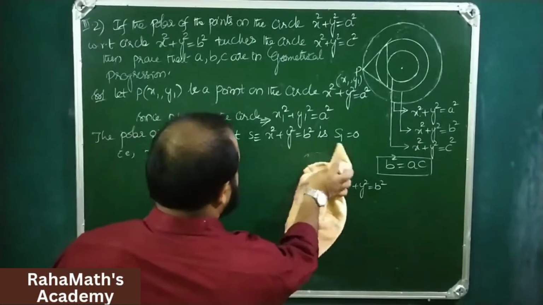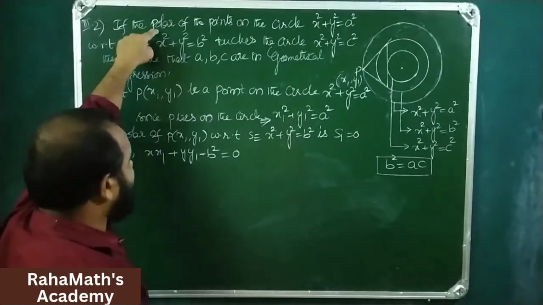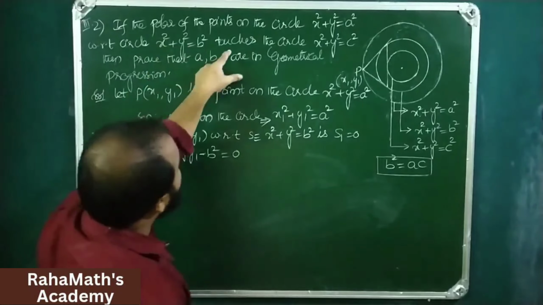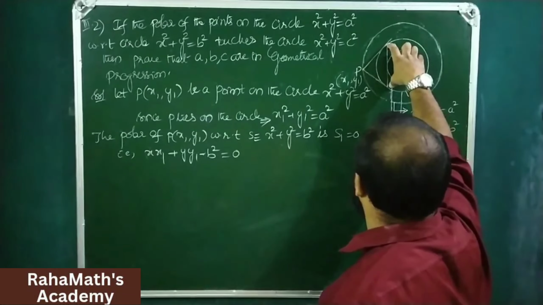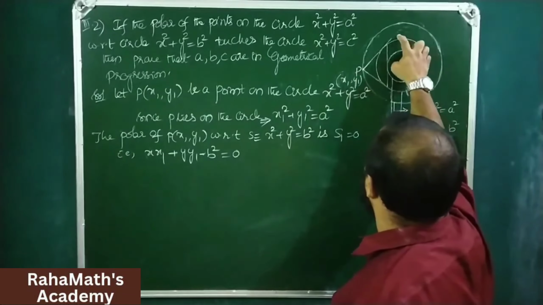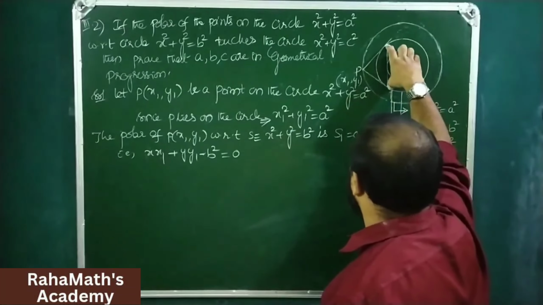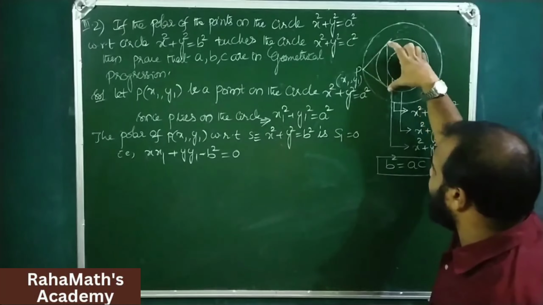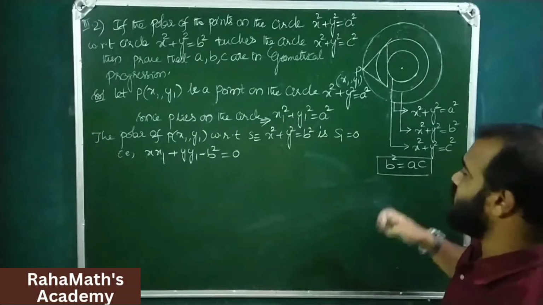And if you go further, the polar is a straight line. The polar, that means this, touches the circle. This is the polar of P onto the circle x square plus y square equals b square. So this polar touches this circle. Clearly see, the diagram shows this line touches the innermost circle, which is x square plus y square equals c square.